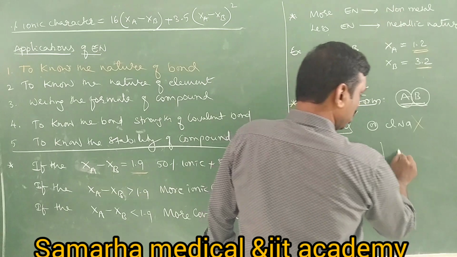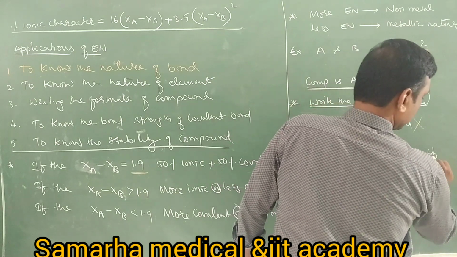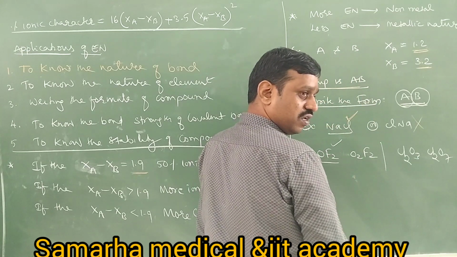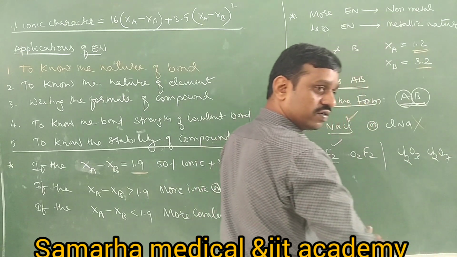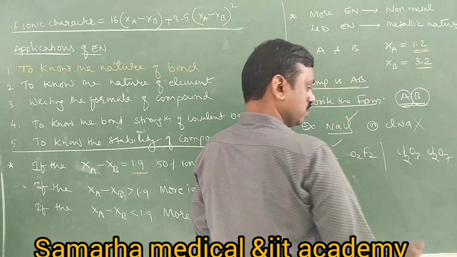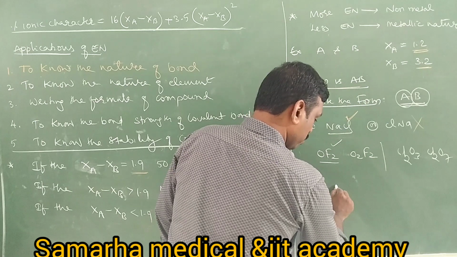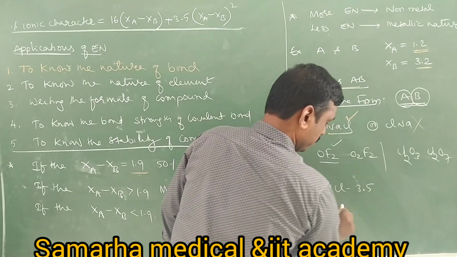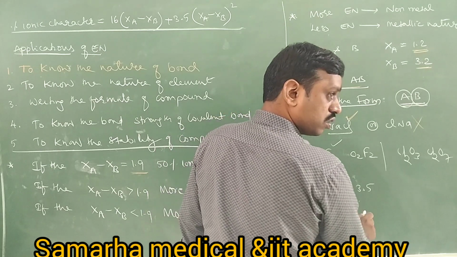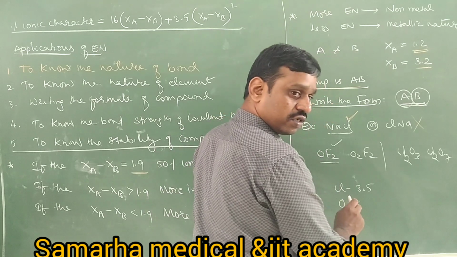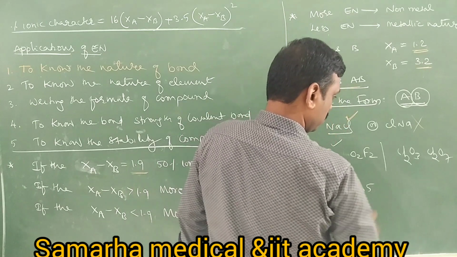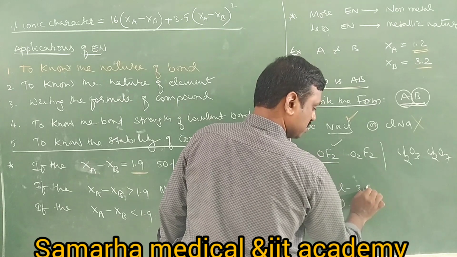Similarly, for chlorine and oxygen compounds we write Cl2O3, Cl2O7, not oxygen first. Tell me the electronegativity of chlorine. 3. And oxygen is 3.5.